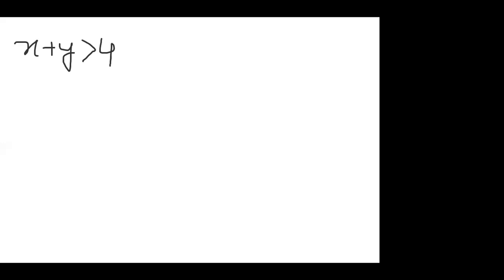Whenever the inequality contains only a greater than symbol, we need to make a dotted line. Next condition is 2x minus y is greater than 0. I could write it as 2x is greater than y. This is the first line, this is the second line. I have just written this in another way.